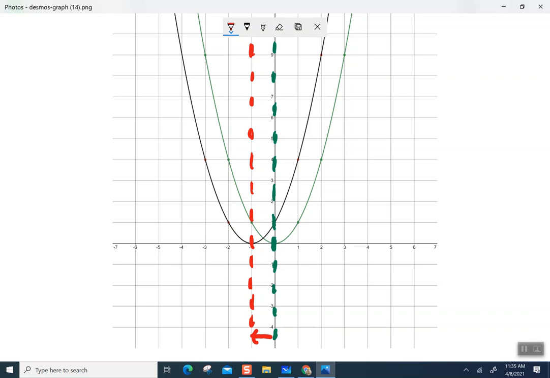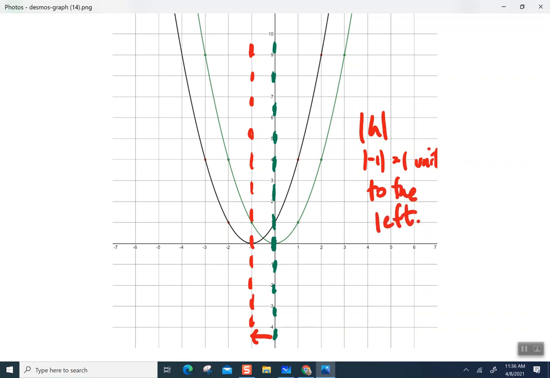Well, if you remember, h has to be the absolute value of h. So if I take this -1, plug it in here, I get 1 unit to the left. So it moved 1 unit to the left.